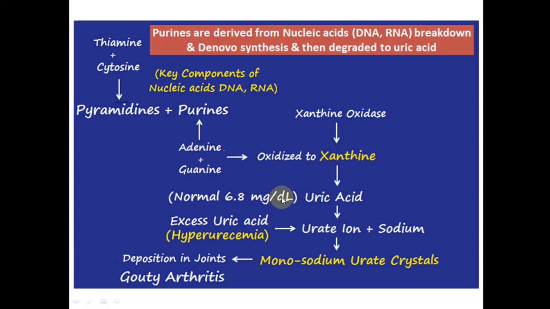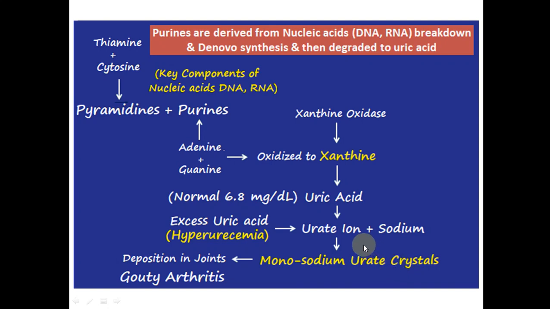But if the uric acid level exceeds 6.8 milligrams per deciliter, and also there are certain other conditions in which the solubility threshold of the uric acid is exceeded, the uric acid crystallizes. After losing a proton, the uric acid is converted into a urate ion, and along with the sodium ion, it will form the monosodium urate crystals.